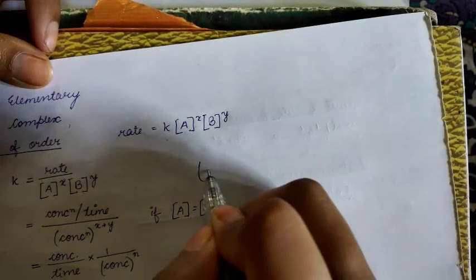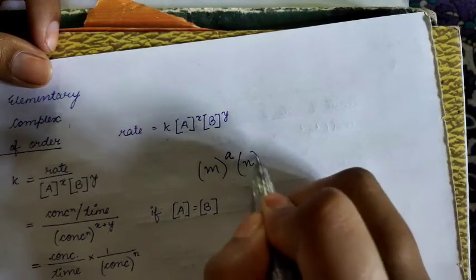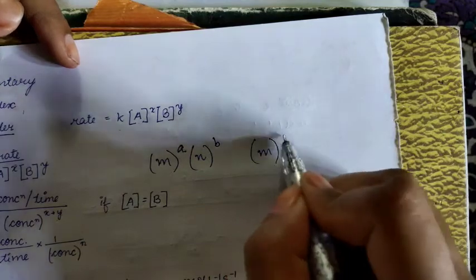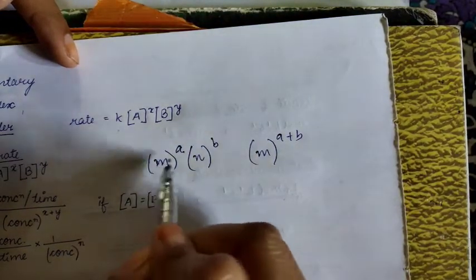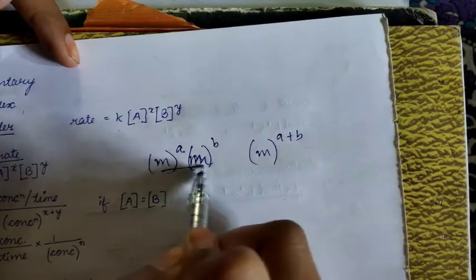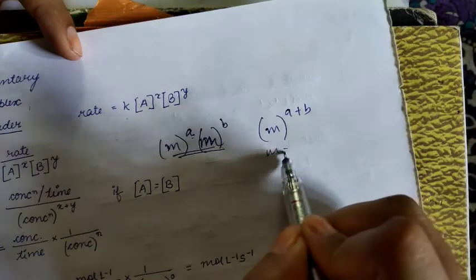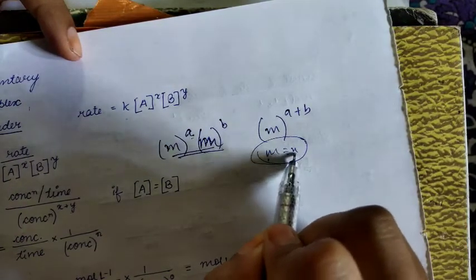Suppose m to the power a is there and m to the power b is there, I can write m to the power a plus b, when both these bases are m, right? Only then can I write this. So we have written that m is equal to n, the value of m is equal to the value of n.